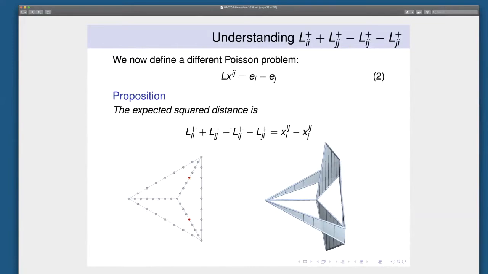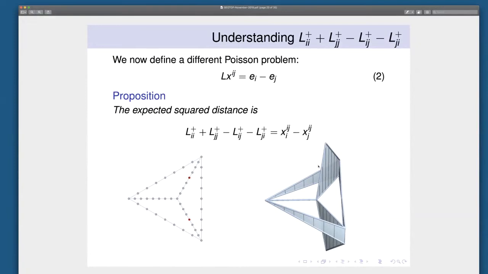It's L plus ii minus L plus ij, 2 guys in the ith row, plus L plus jj minus L plus ji, 2 guys in the jth row. So I've used superposition of solutions here to read this out as the difference of solutions to 2 different Poisson problems. And notice that it has the beautiful feature that it's linear everywhere but the 2 points of positive and negative divergence.